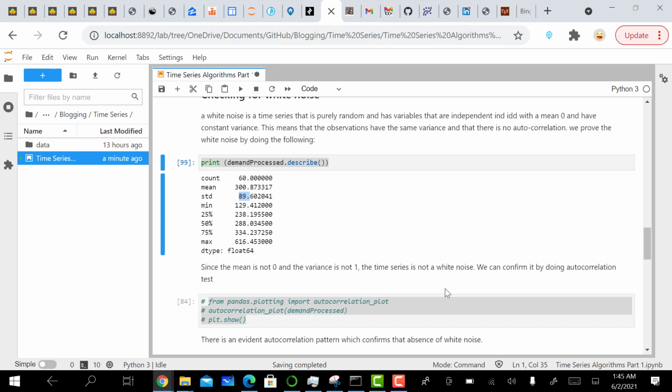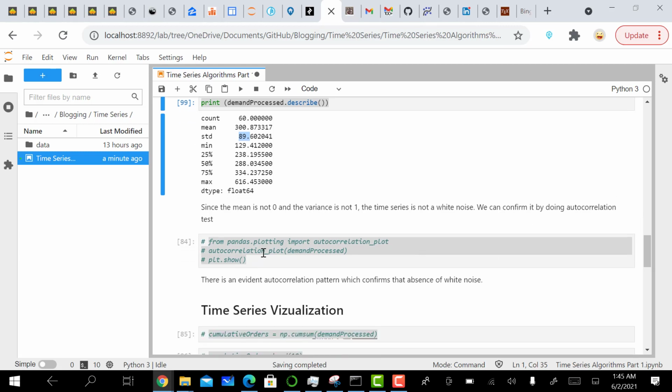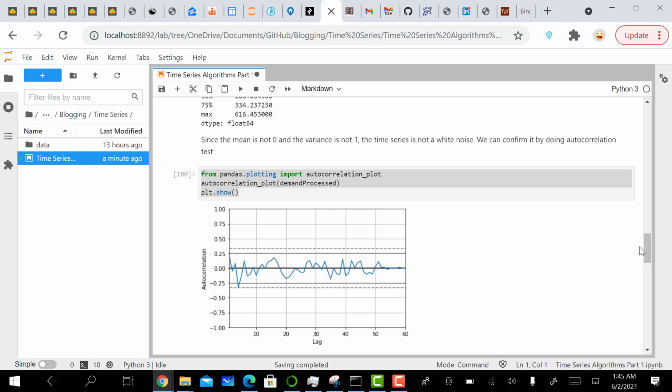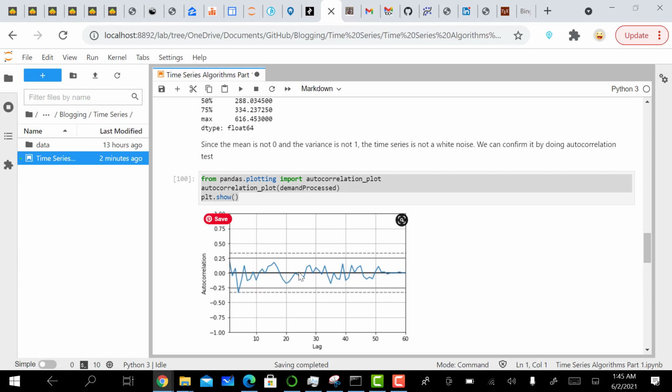This can be confirmed, and this is probably the time to talk about what autocorrelation is. Autocorrelation states that observations depend on each other over time. The current event or data point depends on the previous event or data point. So there is a pattern that we see over time, and this is what autocorrelation looks like.